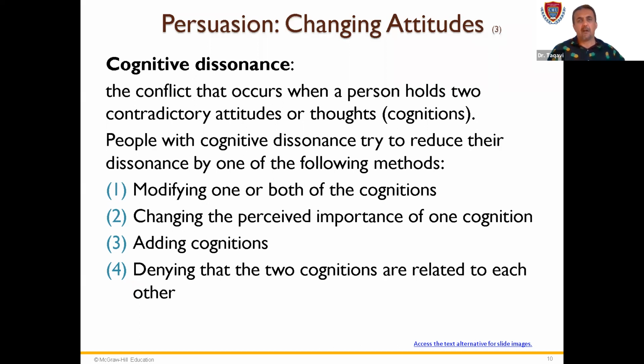The conflict that occurs when a person holds two contradictory attitudes or thoughts or cognitions. You know, thoughts, beliefs, rationality, mindset, decisions, problem solving, all of them are categorized under a major concept, so-called cognition.